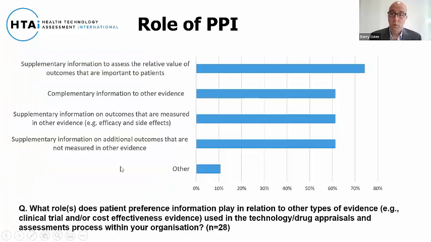When asked what the role of PPI is in the decision, the majority of respondents indicated that the information was supplementary or complementary to the main decision, that it was not necessarily a deciding factor, but did help in the decision-making process.